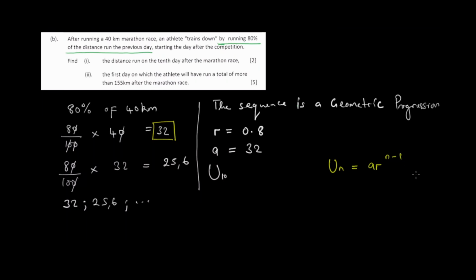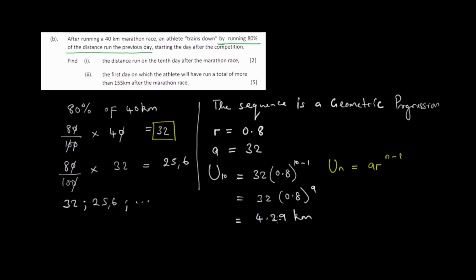I hope you remember. That's the nth term. So U10 is equal to a, which is 32, times r, which is 0.8, to the power 10 minus 1. This is 32 times 0.8 to the power 9. Putting this in the calculator we get 4.29 kilometers.